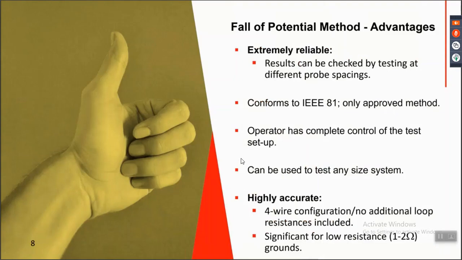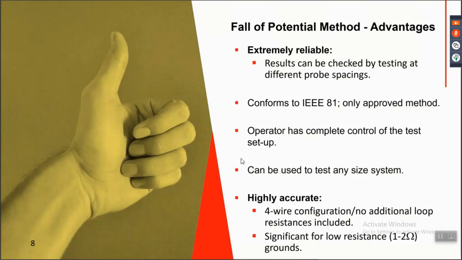So that is the fall of potential method. I believe this is very commonly used in the market, and this is the advantage information. I think the only method that conforms with the IEEE standard is the fall of potential method. So one of the advantages of this method is that it is more reliable and conforms to and follows the international standard.